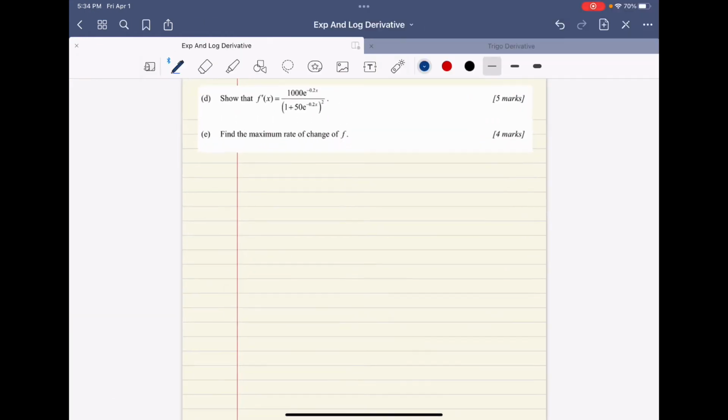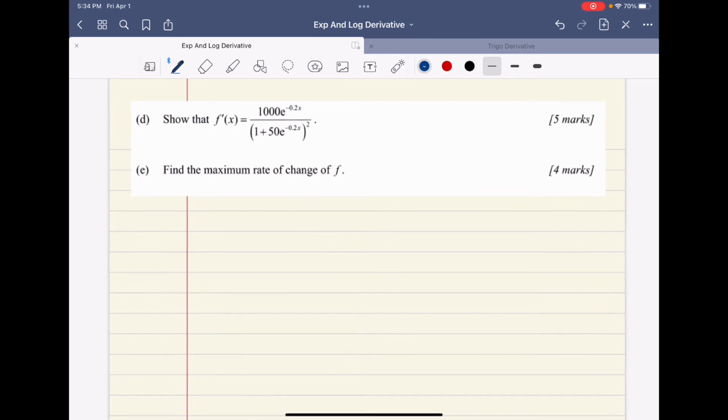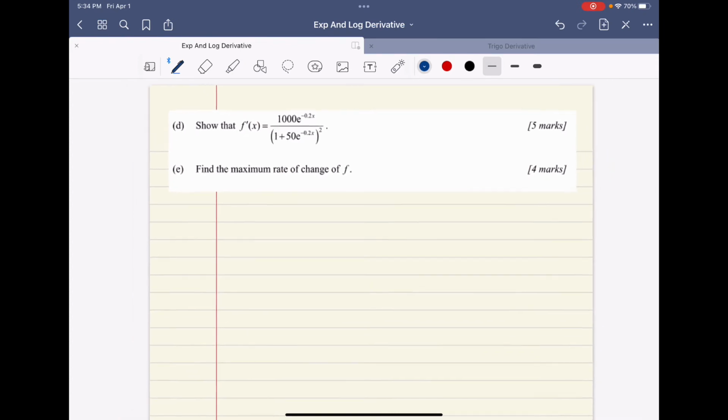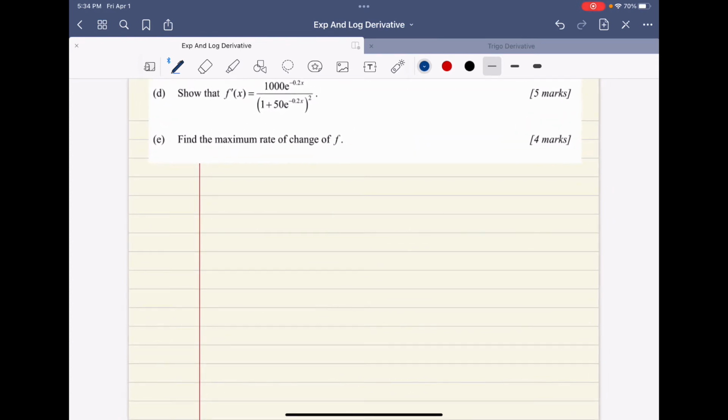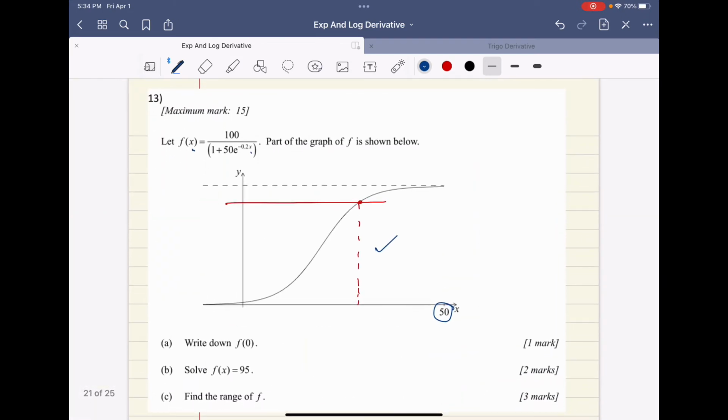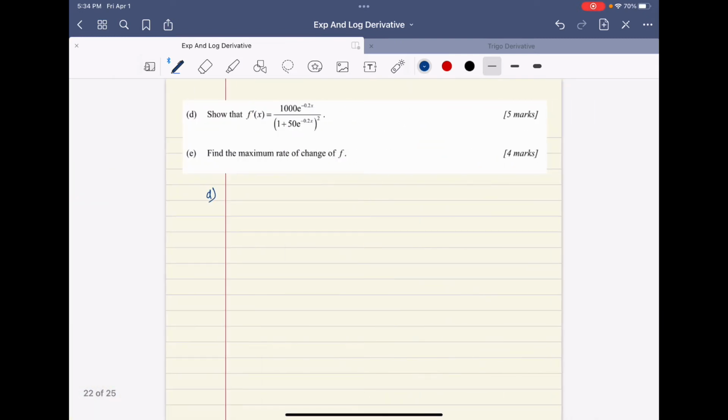So that f dash of x is equal to 1000 times e raised to minus 0.2x over 1 plus 50 times e raised to minus 0.2x, bracket squared. What I'm doing for this part is basically the chain rule. So I'm writing f of x as 100 over 1 plus 50 times e raised to minus 0.2x.